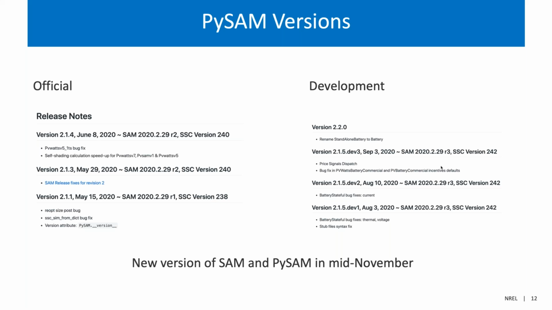So you would say my first one is hour 0, minute 0. Your second one would be hour 1, minute 30. That's the way that you set your time step, through the solar resource data.